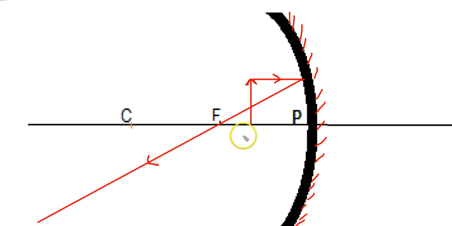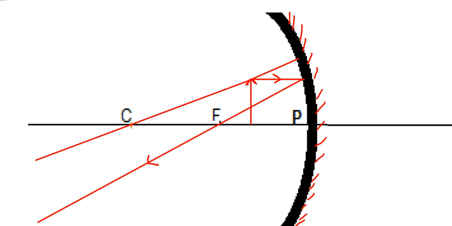Second thing, let's say this ray passing through F, and second we take this into account. Let us say the ray of light passing through C, like this, as I've told you. So a ray of light which is going to hit like this, if it is on C, then it will go straight here and come back on the same path.